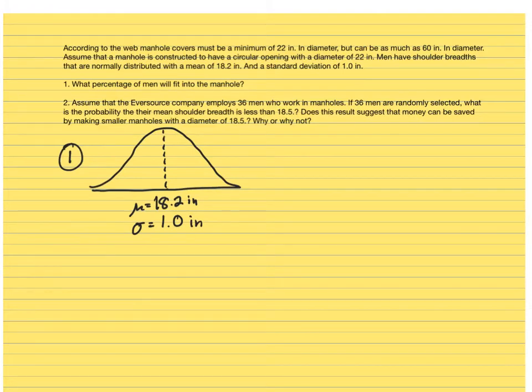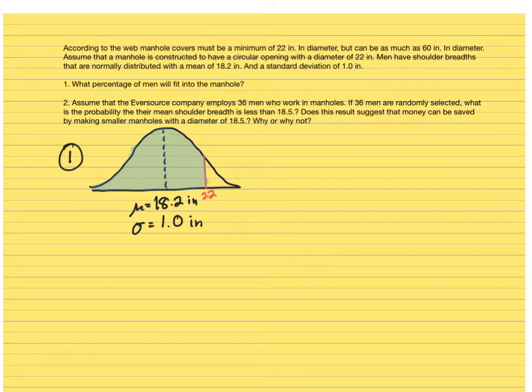If we make a manhole cover 22 inches, what percentage of men will fit in the manhole? So 22 is going to be out here. And so we're asking what percentage of men have a shoulder width of less than 22, right? That's what it takes to fit into the manhole.